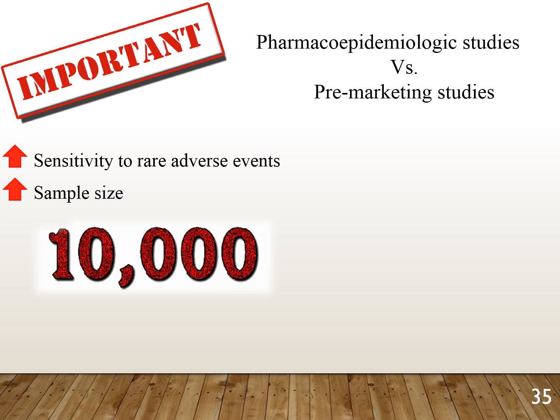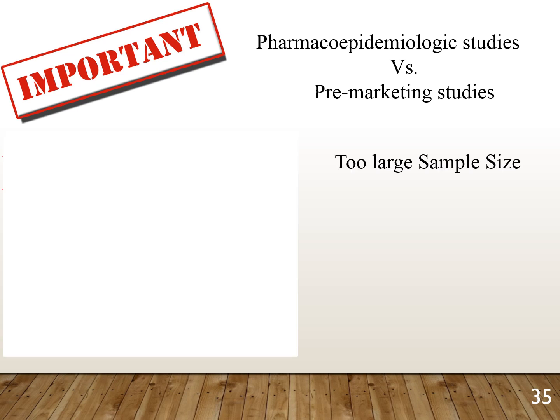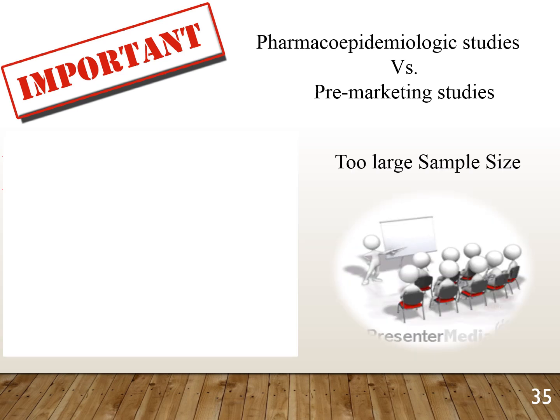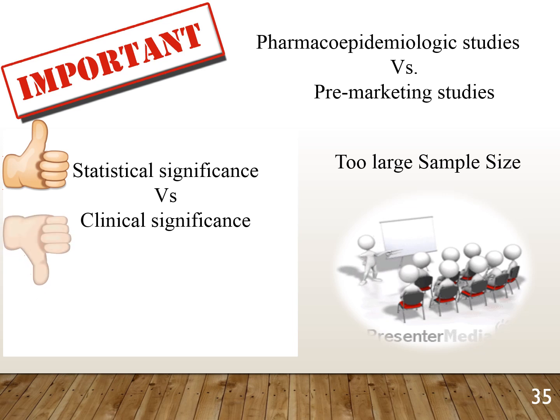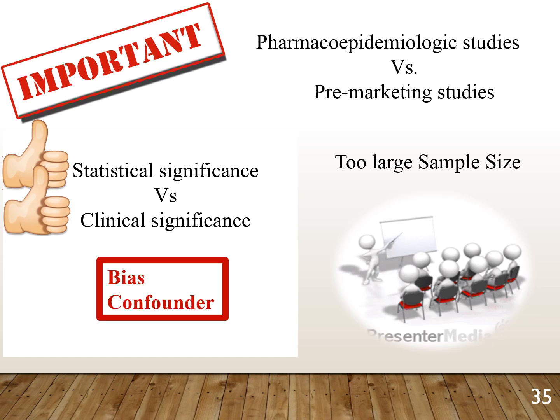Second, pharmacoepidemiological studies have the problem of having too large a sample size. Therefore, it is important to analyze the results of the study. One can have statistical significance and lack clinical significance, and even if statistical significance and clinical significance were present, it might be due to the presence of confounding and bias factors.